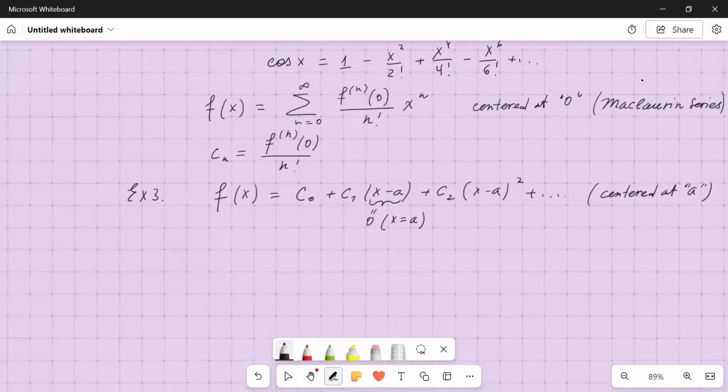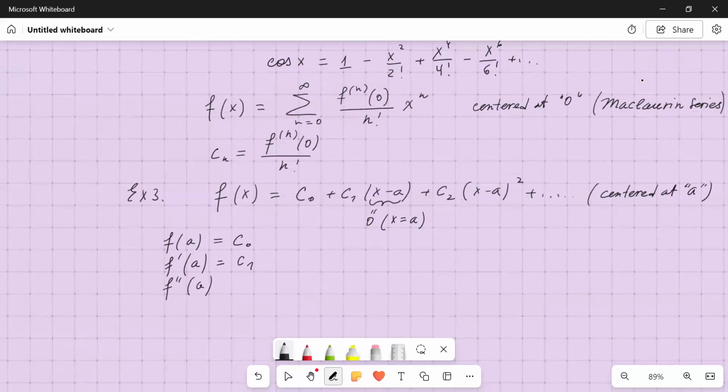And let's imagine that I calculate f of a. Basically all this is going to be zeros, and I'm just going to have c0. f prime of a is going to be what? This term disappears. This one is going to lose the multiple, and that's going to be just c1. And this one is still going to have 1 times x minus a, and if I set x equals a, it's going to be 0.